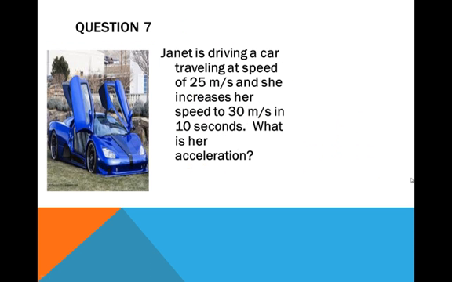Question 7. Janet is driving a car traveling at a speed of 25 meters per second. And she increases her speed, so she accelerates to 30 meters per second in 10 seconds. What is her acceleration? The formula for acceleration is the final velocity minus the initial velocity all over the time it took.